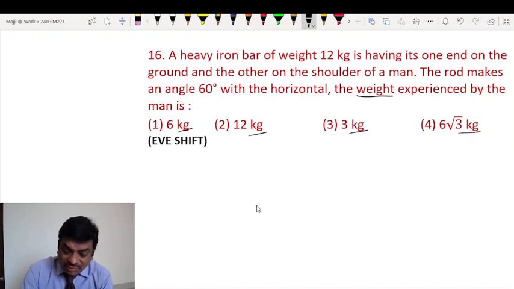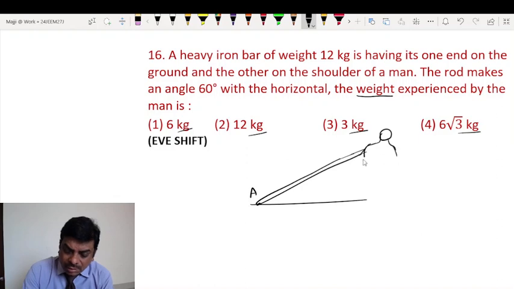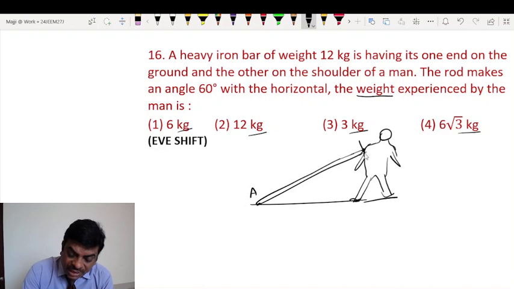So let us draw a rough diagram here. This is the iron bar. We can take this as hinge A, and the person's shoulder is here. Definitely the reaction offered will always be perpendicular to the surface.